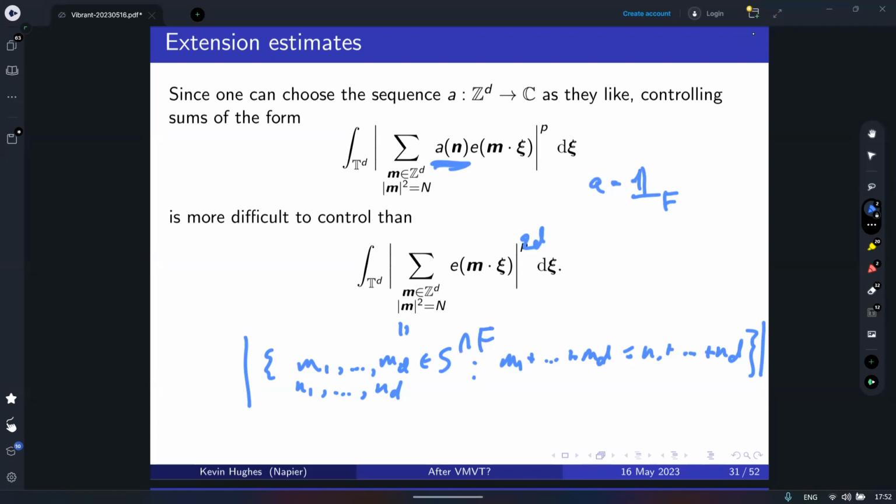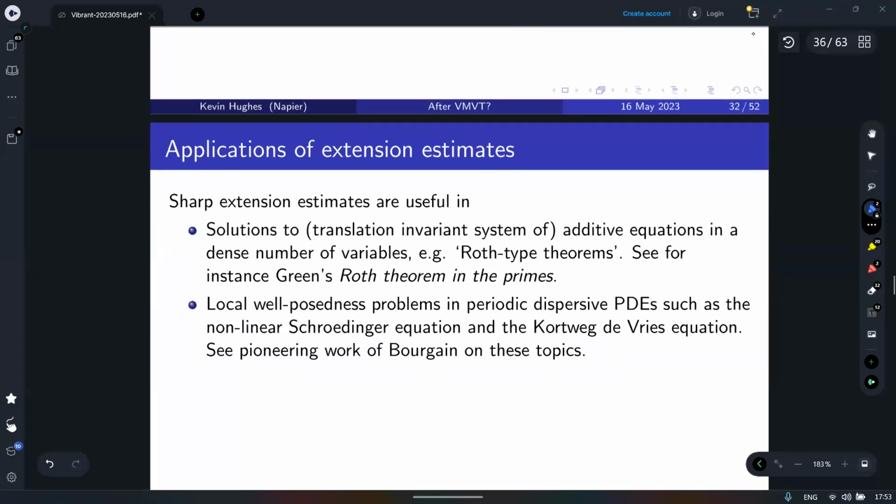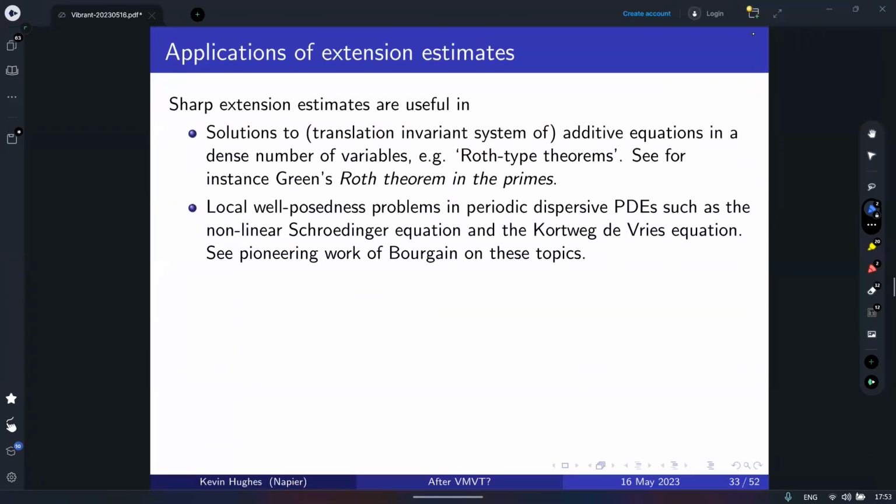I'm not just lying on the sphere, but I'm also lying in some particular subset as they lie on the sphere. So it's something that's much harder. I could restrict to a cap, I can restrict to a bunch of different things. But it is very useful for applications. And the extension problem for the sphere is actually still quite open. This has applications again for Roth-type theorems and for dispersive PDEs.